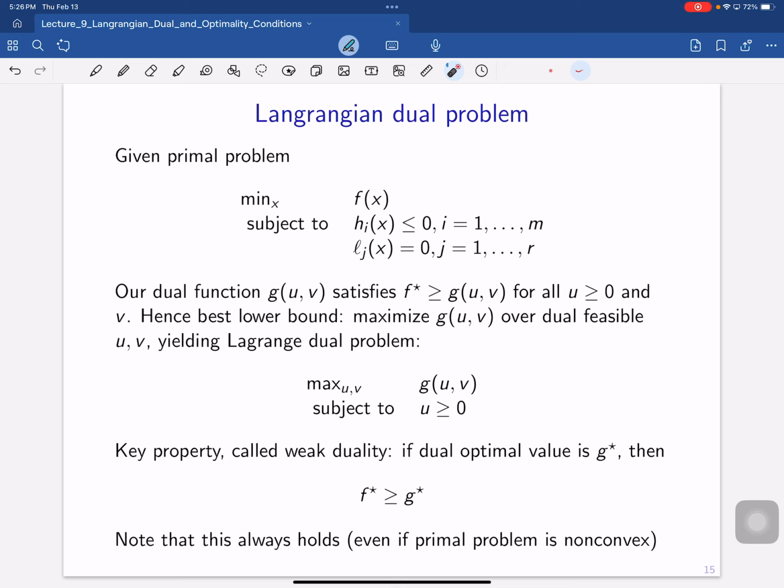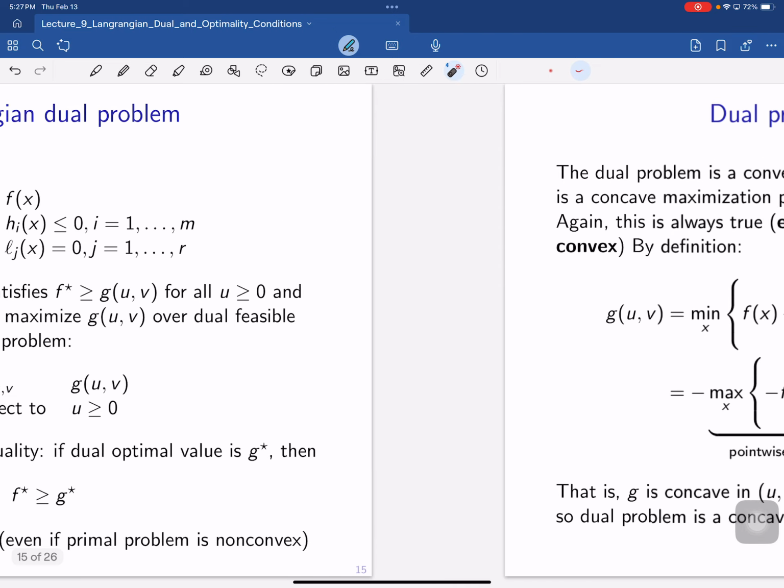We already showed that this always holds, right? Because remember we have a chain of inequalities. We argue for any u and v, it is a lower bound, right? Of course, if you take the maximum over u and v, it is still a lower bound, because the lower bound holds for any u and v.